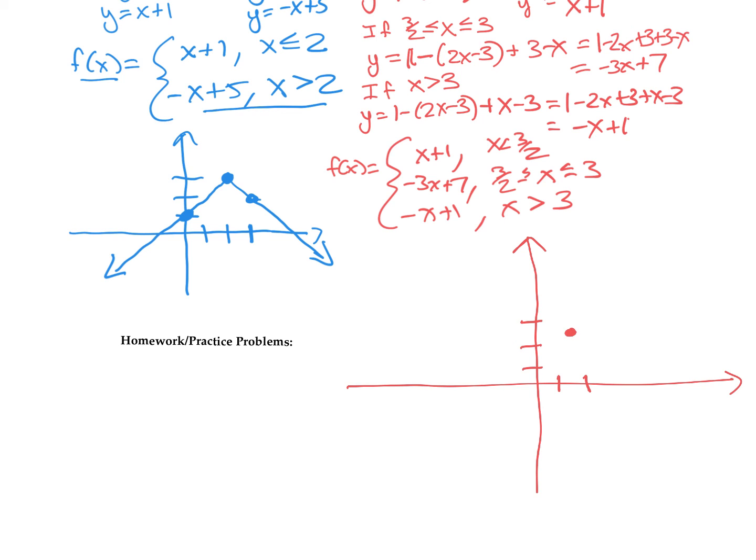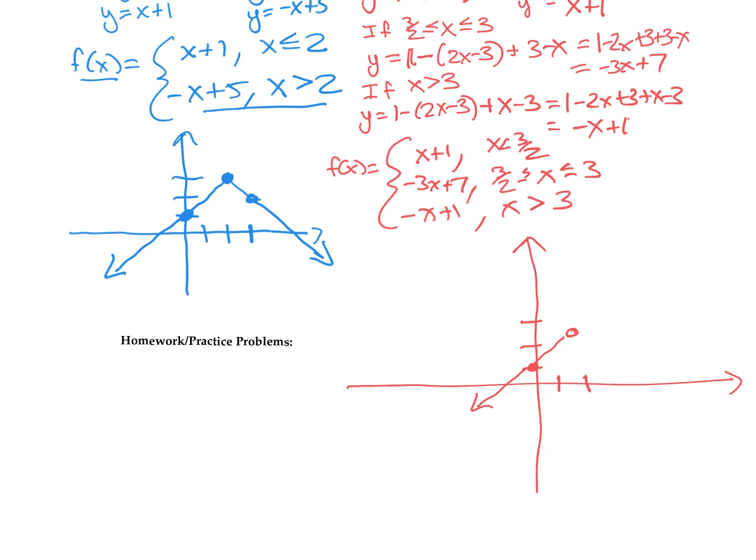Since we're doing x less than 3/2, this should be an open circle, remember, because it doesn't include equality. And then when I put in 0, I get 1. All right, so we're going to go like that.